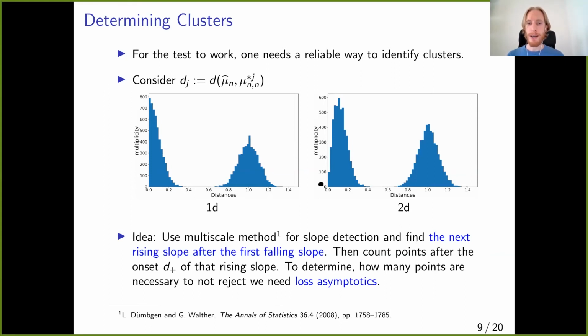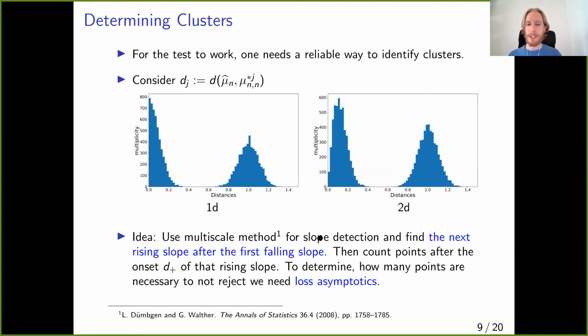So actually what you will have is a rising slope and then falling slope for the cluster which contains the sample descriptor, and then again a rising slope and falling slope for every other cluster. So the method we set our sights on actually determines slopes, rising and falling slopes.